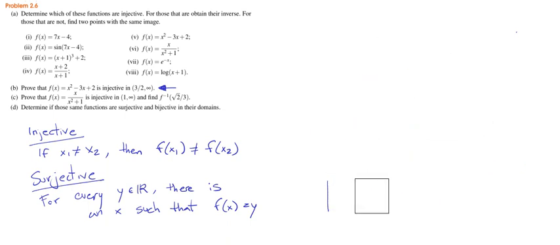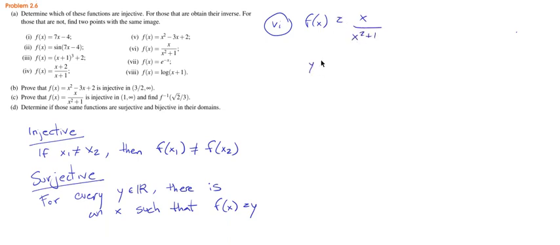Now let's go for 6. In 6 we have f of x is x over x squared plus 1. We do the same thing to try and see if this function is injective or not.